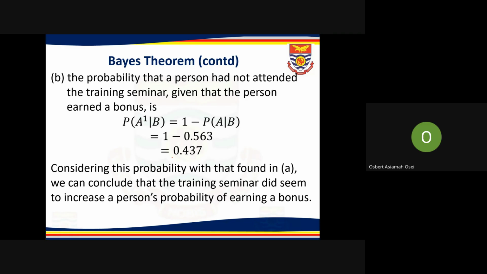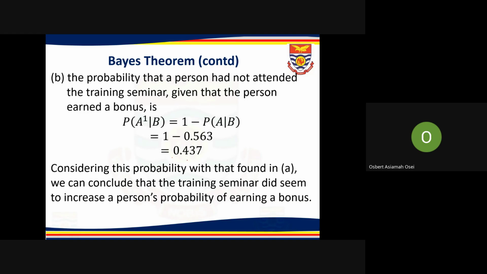To check it, you can conclude that the seminar helped, because this is 0.437, and those who attended the seminar and earned the bonus was 0.563, which is relatively higher than the 0.437.